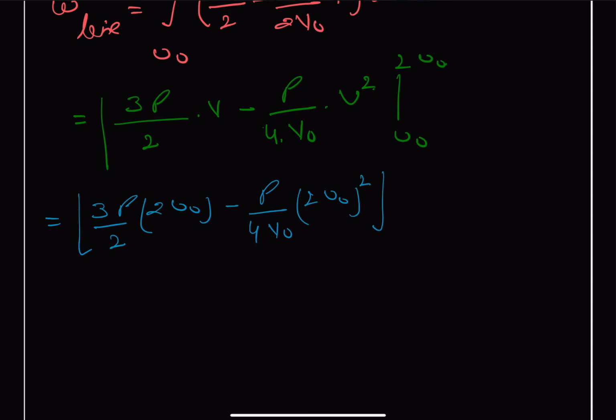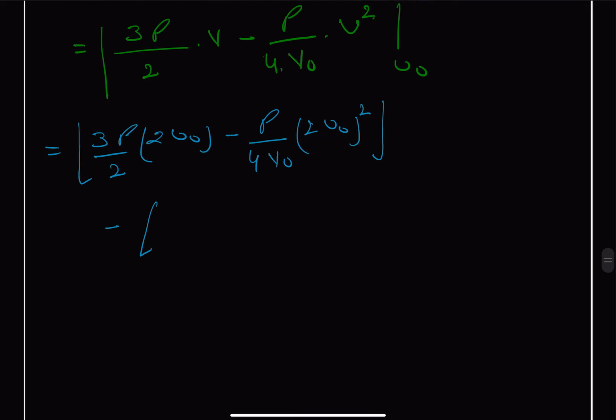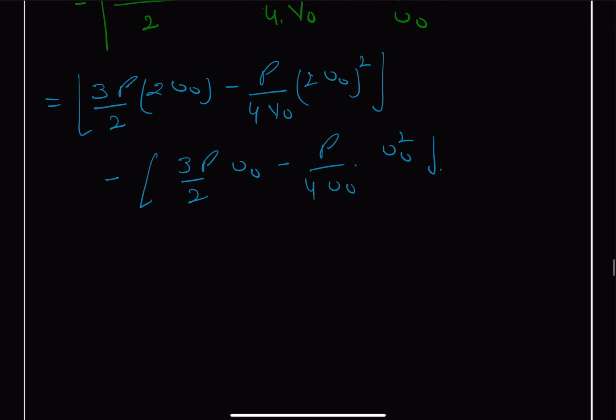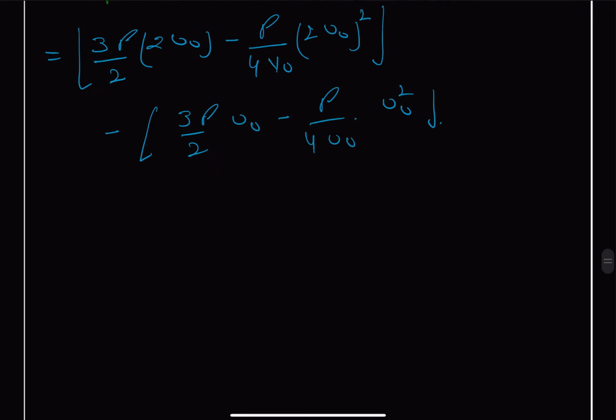This is the upper limit minus the lower limit, that is 3 P naught by 2 times V naught minus P naught upon 4 V naught times V naught square. This entire solution comes as the work done along the line equal to 3 P naught V naught divided by 4.